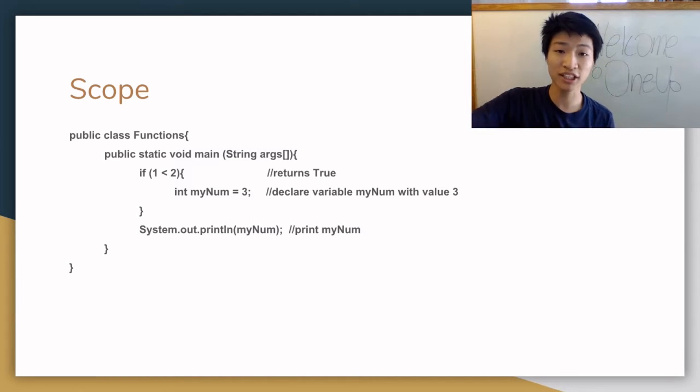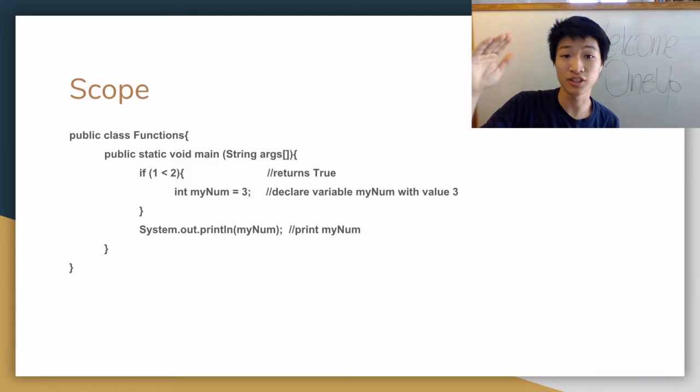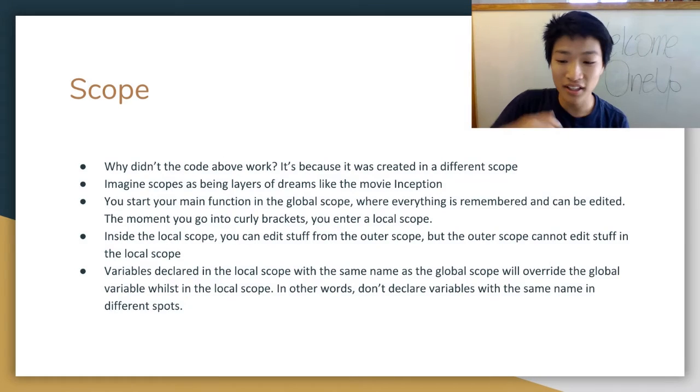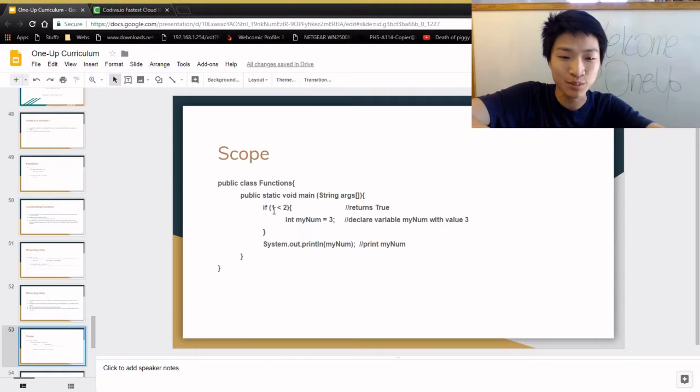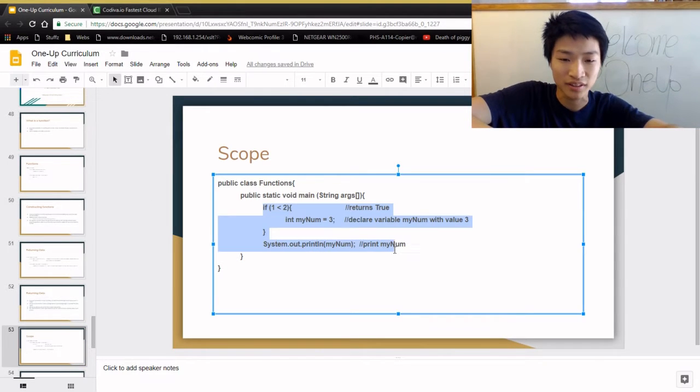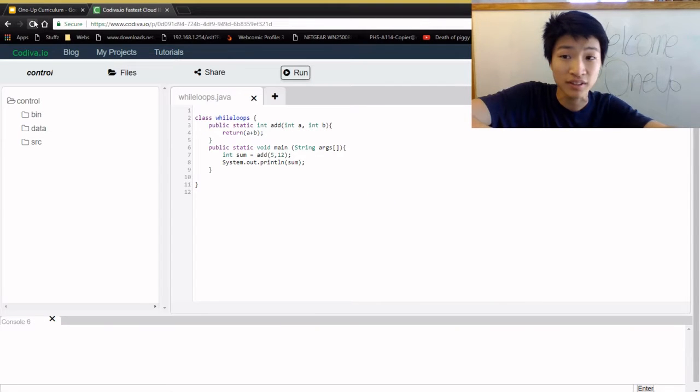Now, if you change scopes and look at a camera that's inside of a house, that scope can see what's going on in the house. So let's try this code. Well, that's better than me explaining it. Let's just try this code. Here, let me refresh Codiva.